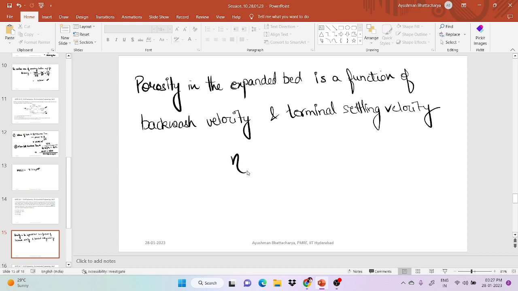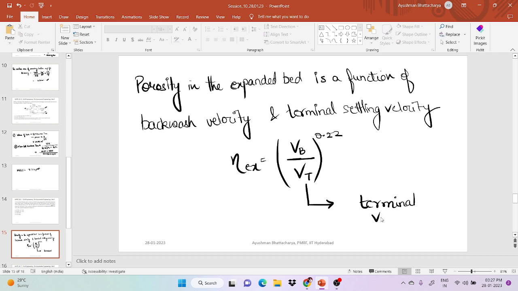Okay, so porosity of the expanded bed is given by the formula (Vb by Vt) raised to power 0.22, where Vt is known as terminal velocity and Vb is known as backwash velocity. Okay, now let's go back to the question.